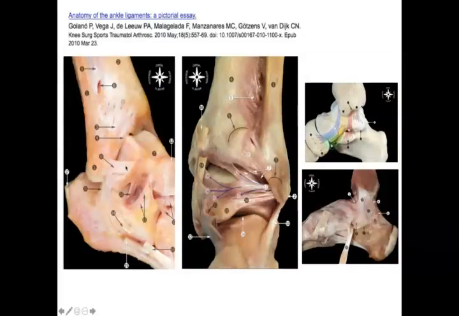This is important, particularly when trying to palpate during clinical examination, but also appreciation of structures on further scanning, particularly MRI scans. And also if these patients are coming to surgical reconstruction, it gives you an idea of where the relevant structures are that may need to be repaired. So I would highly commend this paper to you.